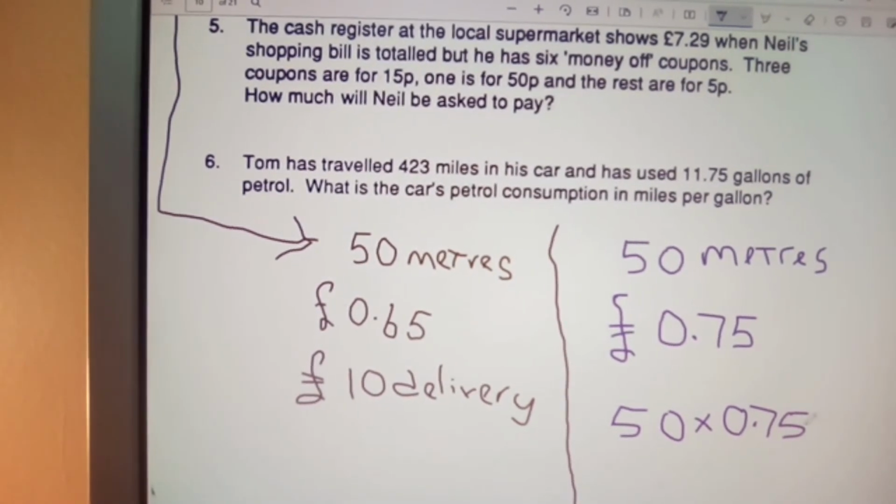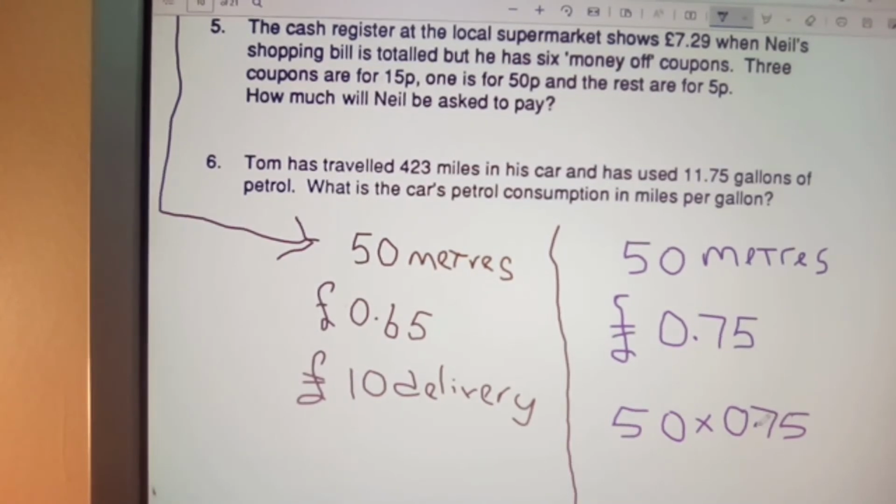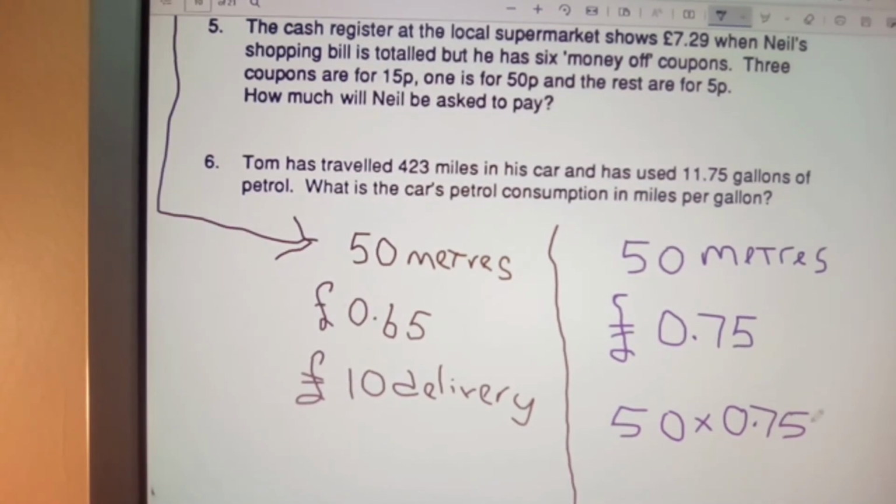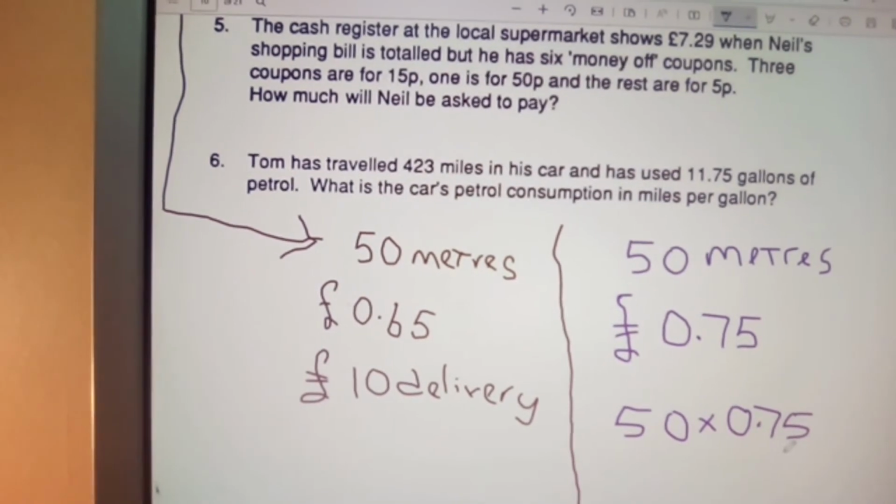If we move this decimal point two places to the right, we make that 75.